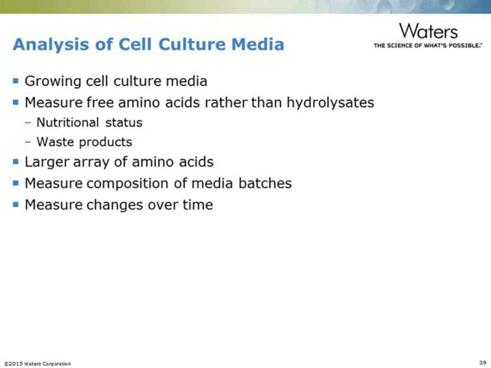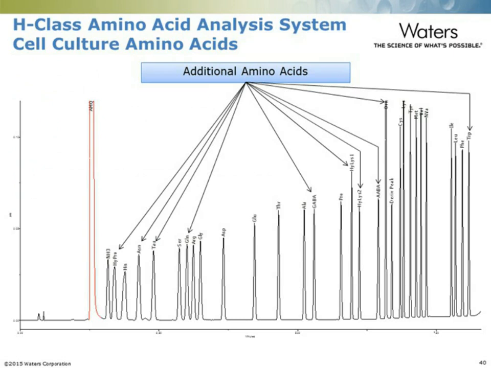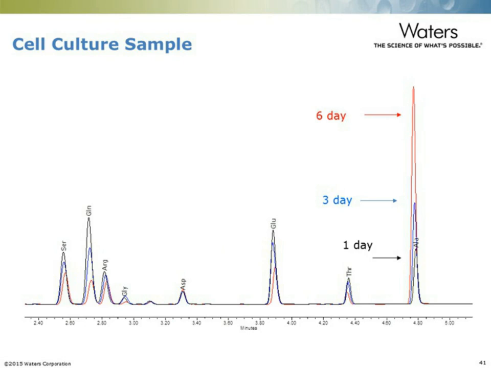The additional amino acids that we monitor include things like hydroxyproline, asparagine, taurine, glutamine, and so on through the list. Some of the things are present as more or less adventitious or unexpected components coming from the media itself. Some of them are critical nutrients, and some of them will be produced by the cells as waste product. This is an example of a cell culture growing over a 6-day period.